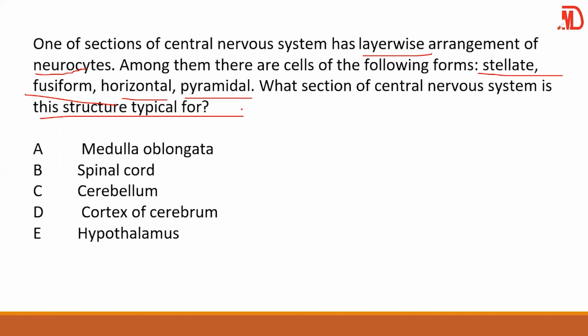We have the external or the stellate layer, the outer pyramidal layer, the inner stellate layer, the internal pyramidal layer, and the fusiform cell layer. That is 6 layers. So over here, we are looking at the brain, the cortex of the cerebrum. All right.